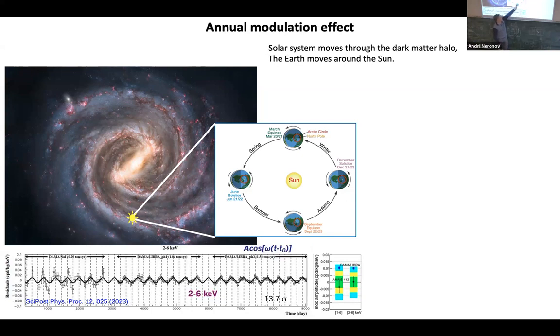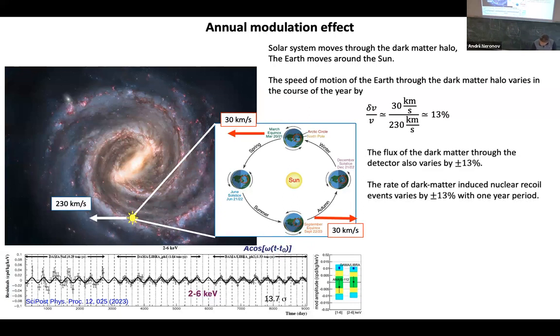So on one side, our speed of motion around the sun adds to the overall speed of the sun's motion through the gas of dark matter particles. And on the other side, it subtracts, right? So sometimes we are moving through the gas of dark matter particles with velocity, well, 230 plus 30, and sometimes 230 minus 30, yeah? Overall, it makes a sizable effect, right? It's plus minus 13% or something.